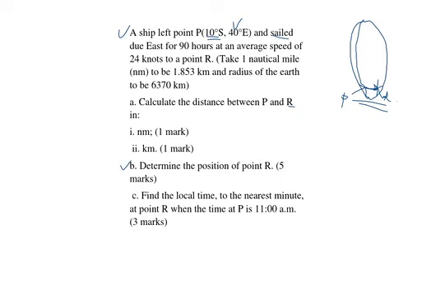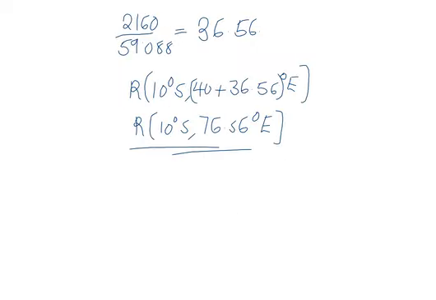And the last part of this question, we are told to find the local time to the nearest minute at point R when the time at P is 11 a.m. So we have to get the longitude difference again, which we know as 76.56 minus 40, and this gives us 36.56 degrees.